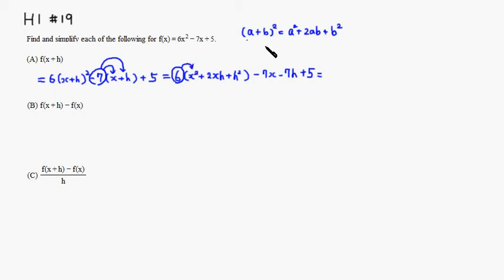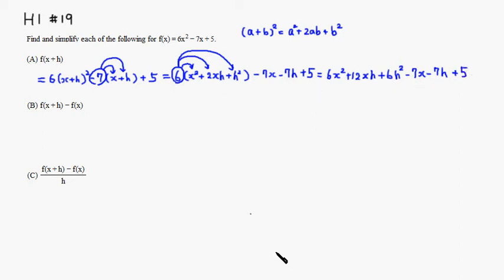So 6 times x squared would be 6x squared, and 6 times 2xh would be plus 12xh. And 6 times h squared, so plus 6h squared. Then you just have to write down negative 7x minus 7h plus 5.